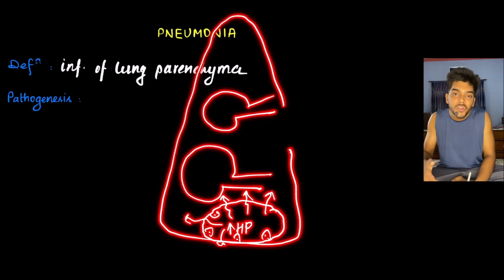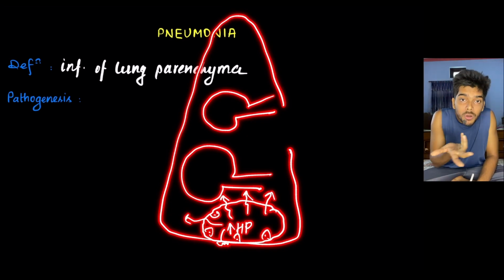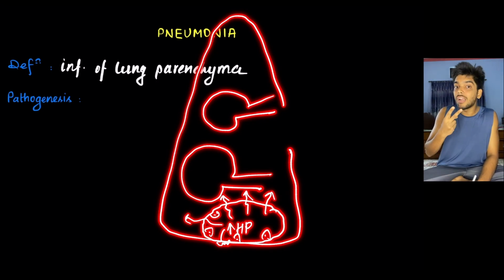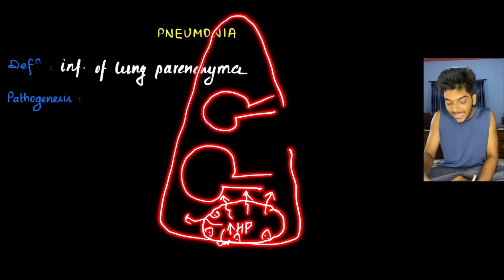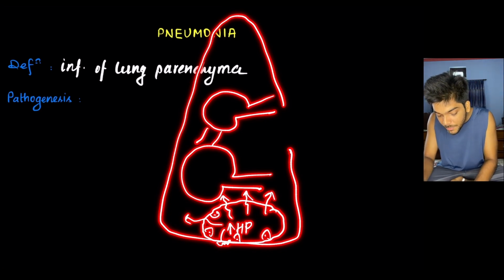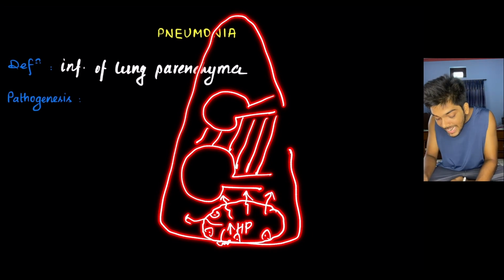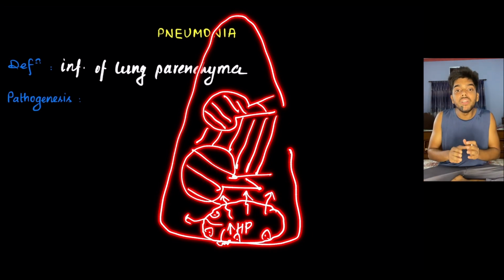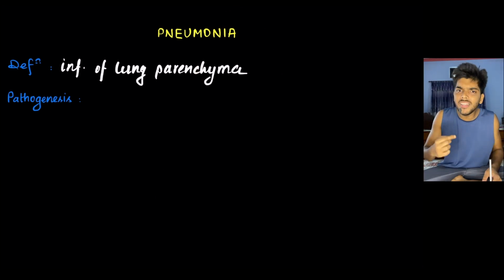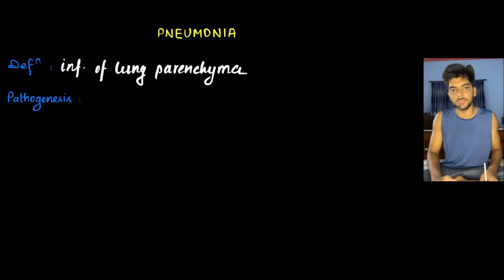Now this transudate, exudate, they have to go somewhere now. Where will they go? They will go and fill up the empty spaces inside the lung. There are two empty spaces. One is the interstitial space present in between the alveoli, and the other is the intraalveolar space present within the alveoli. So the fluid goes and fills up either the interstitial space or the intraalveolar space.